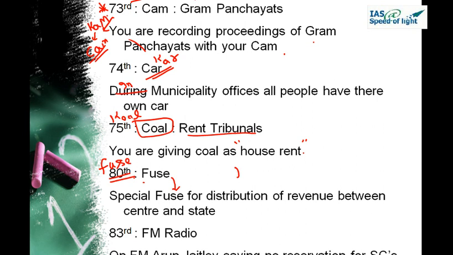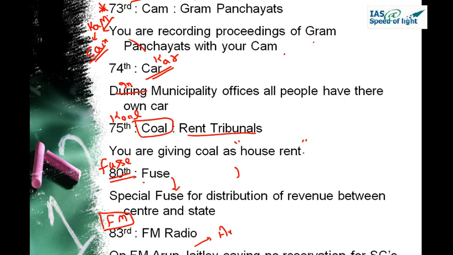83rd Amendment Act, and 8 is F and 3 is M, so it becomes FM radio. So FM radio, Arun Jaitley saying no reservations for SC. What this 83rd Amendment Act did, Arun Jaitley's Arunachal Pradesh, and in Arunachal Pradesh the provision for SC reservations in the panchayats was abolished.